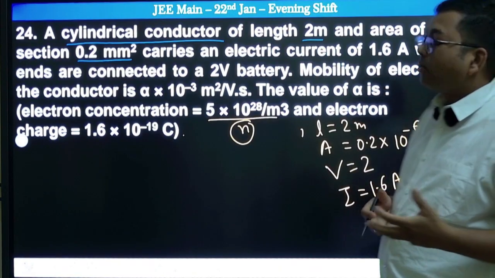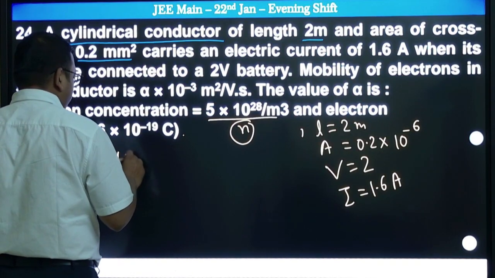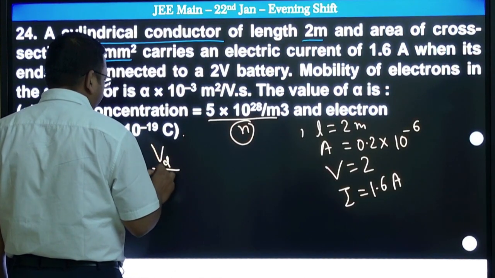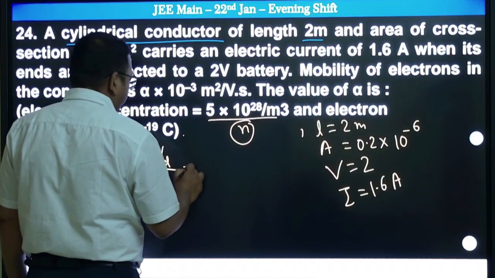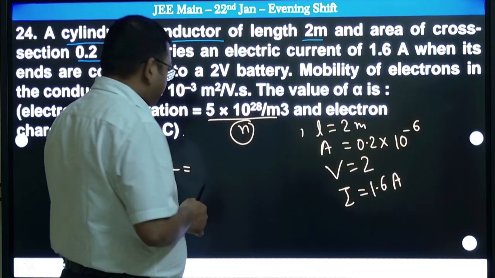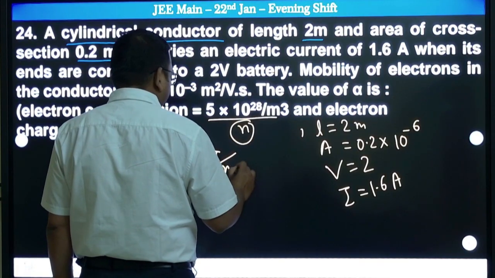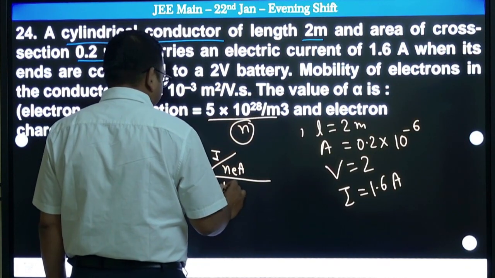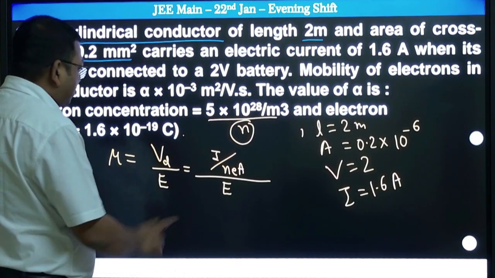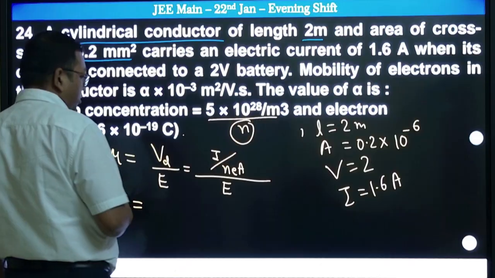What is the formula for mobility? How do you define mobility? Mobility is drift velocity divided by electric field. I is equal to NEAVd, so the drift velocity is I by NEA, divided by the electric field.